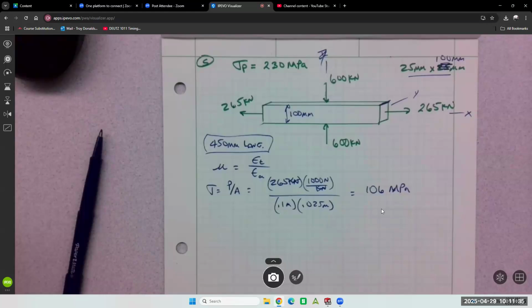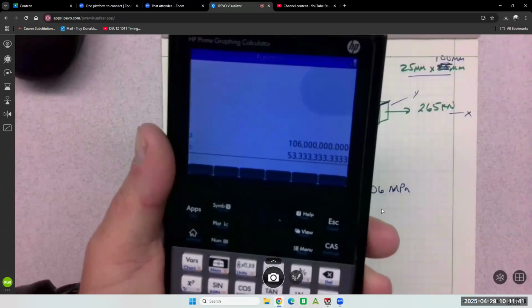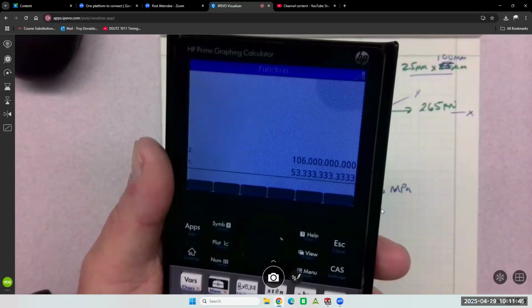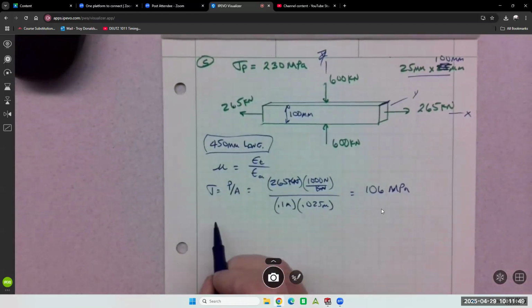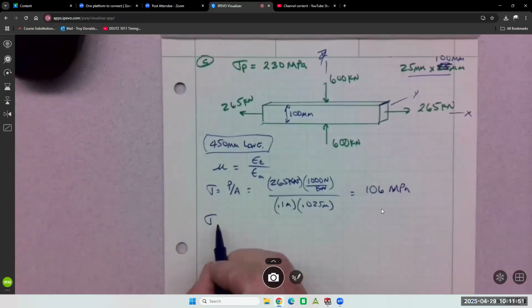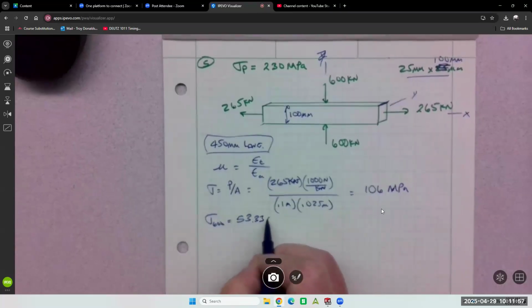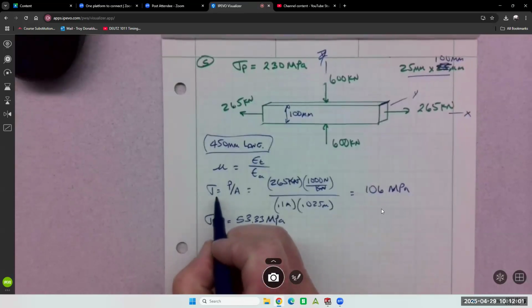Anyone have that number? I get 53 megapascals. 53.3, yep. So the 600 was 53.33 megapascals, and this is the 265.